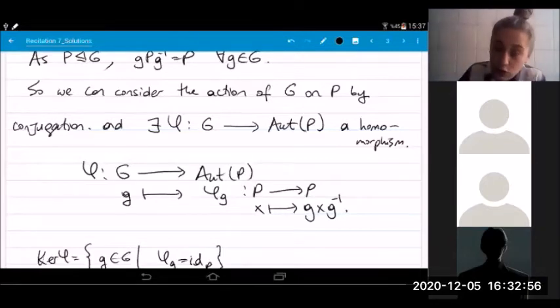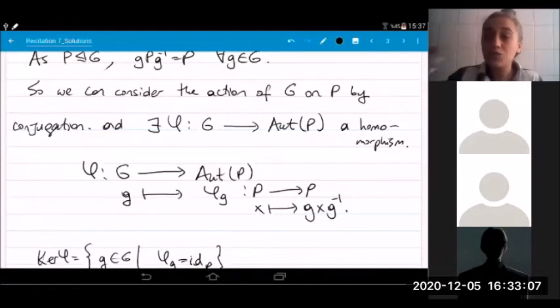Okay, because the elements of G do not provide more elements from the symmetric group on P. So it's actually, since these are inner automorphisms, I think. Yes. These are inner automorphisms and P is a normal subgroup.